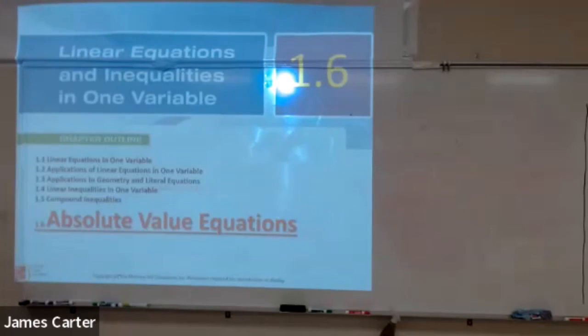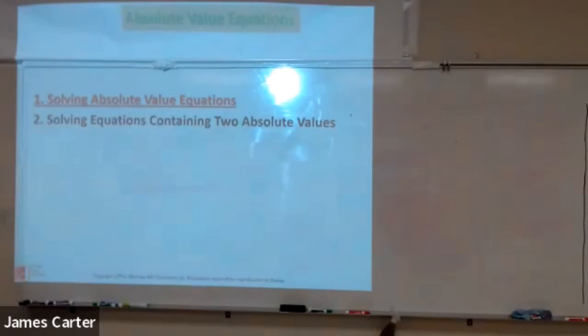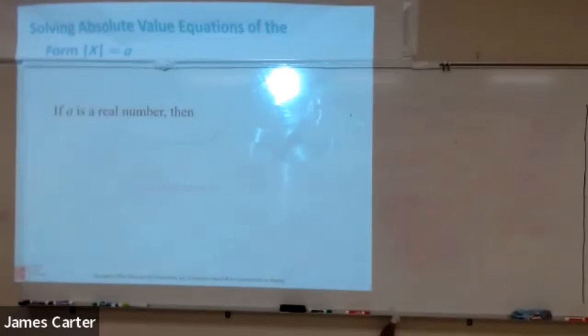Okay. I need to keep on going to absolute value just for the few minutes we've got. A is a real number. That means that whatever this is had to be either positive or negative A to get that answer. Now, if A is bigger than 0, you have those two possibilities.